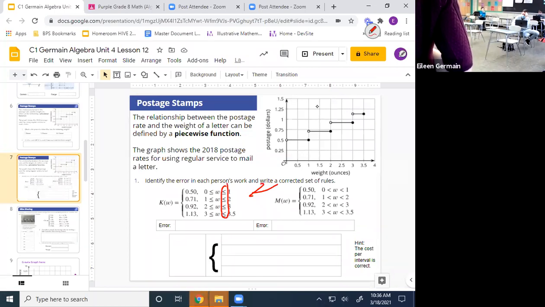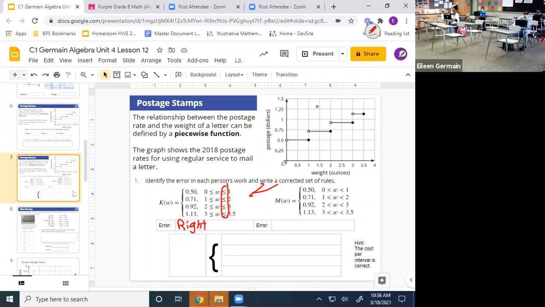Inequality symbols. Yes, nice job, Cindy. So the right side inequality symbols. Oh, the left side? Oh, the left. Okay, you're right. Mr. May, the left side inequality symbols. Good catch there.